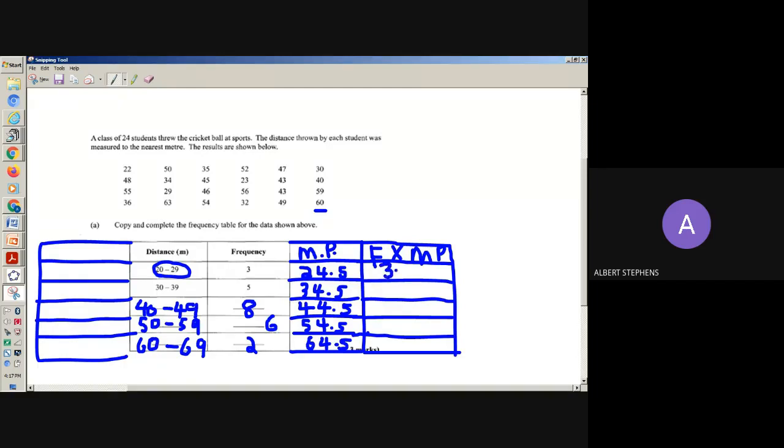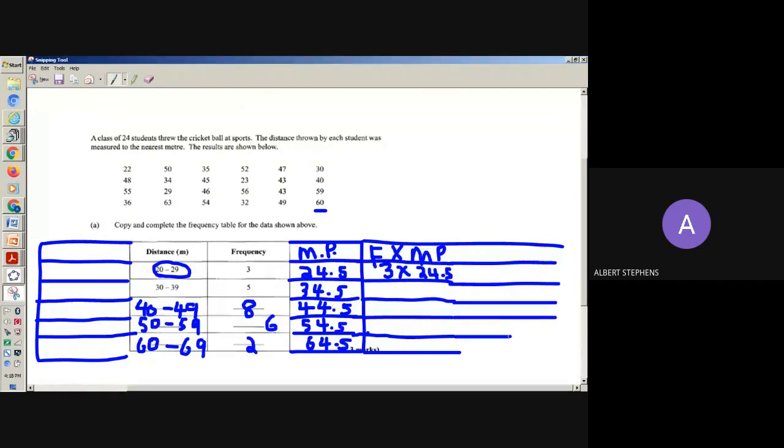So in this case, it would have been 3 multiplied by 24.5. Can somebody compute that for me, please?